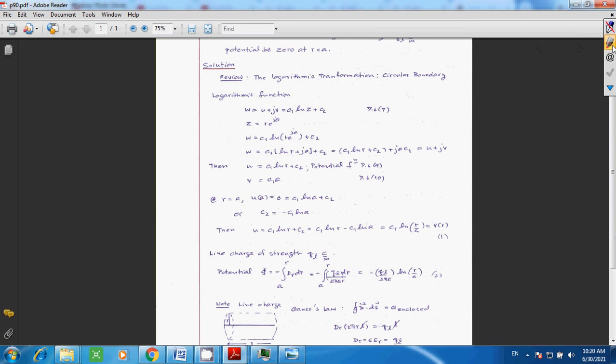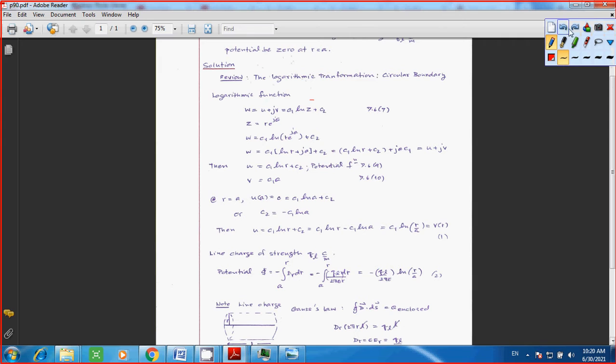So we are going to do a transformation. Let's review the logarithmic transformation in the circular boundary logarithmic function. You start from W, which is equal to the real part and imaginary part, U plus JV, and that equals C1 ln Z plus C2, where your Z is in the form of R exponential J phi.